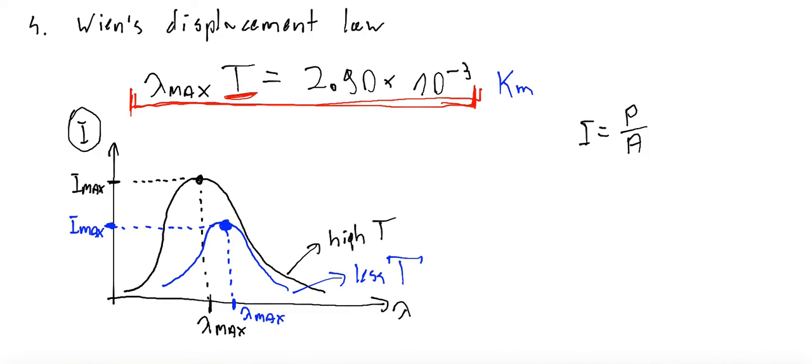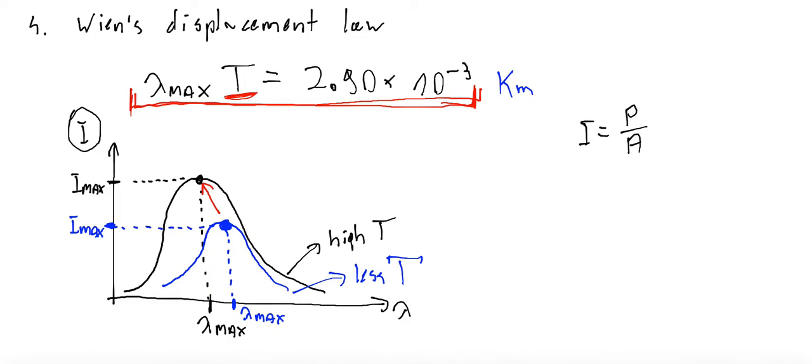So let's look. If the temperature of the object is bigger, then of course the object emits more radiation due to the Stefan-Boltzmann law. Power or intensity is proportional to temperature to the power of 4. So the object emits more radiation than an object with less temperature, and due to Wien's displacement law, the object also has a different color.